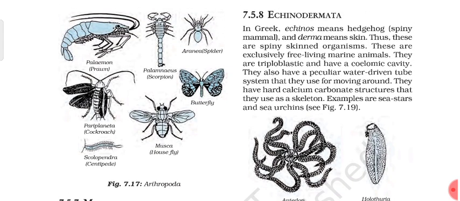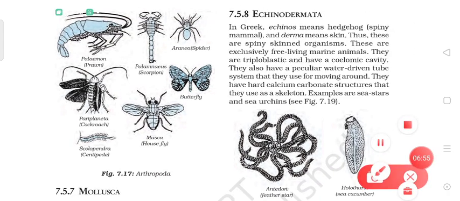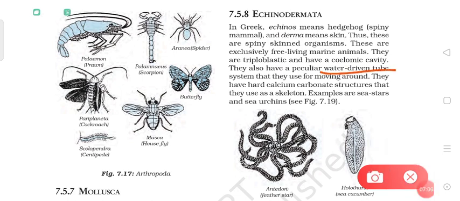Another important feature, apart from this water vascular system, is that they have hard calcium carbonate structures that they use as a skeleton. This is the reason they have a spiny body also, meaning these calcium carbonate structures sometimes protrude outside the body in the form of spines.